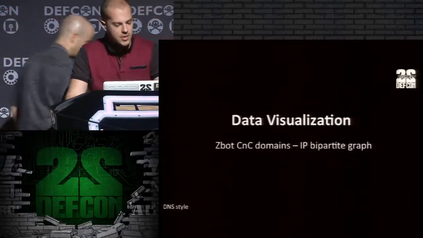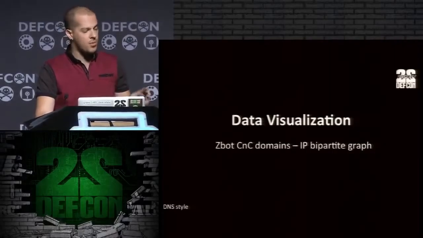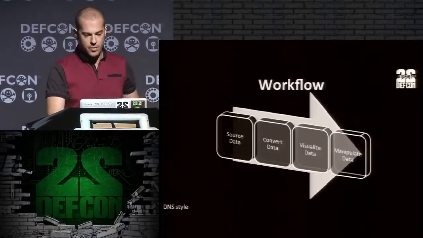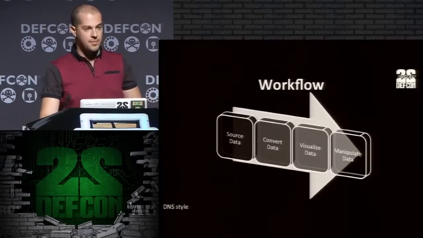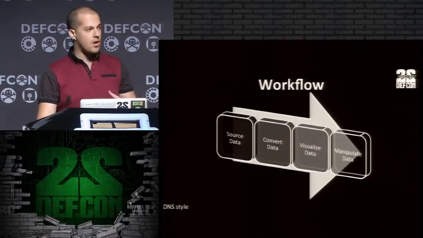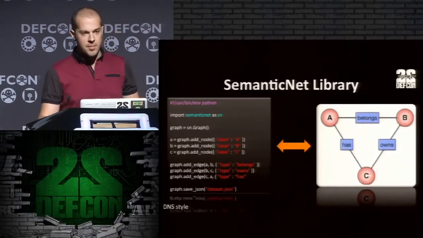Yeah, so Dia just explained two different methods to extract some graph data linking ZBot CNC domains with their IPs. So first let's take a look at how we're going to visualize that. First we have the source data, which is pretty much the logs, like the stream. Then we can convert the data using our own Python library. Then we're going to visualize it, manipulate it a little bit. So this is the Semantic Net library.